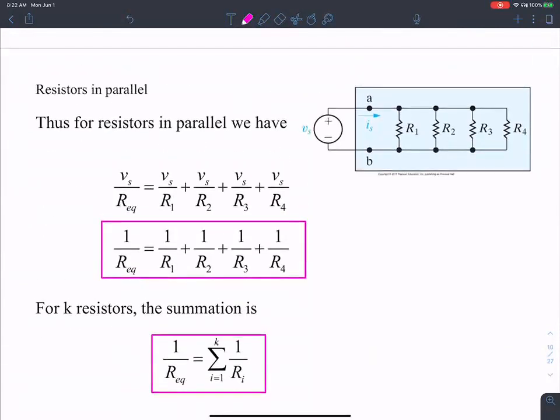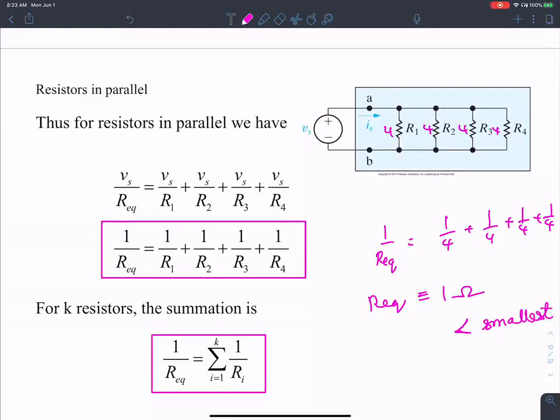Here is a quick sanity check. Let's say I have a bunch of resistors, 4, 4, 4, 4. Then 1 over R equivalent is 1 over 4 plus 1 over 4 plus the rest, which equals 1. So the equivalent resistance is 1 ohm. R equivalent is less than the smallest.